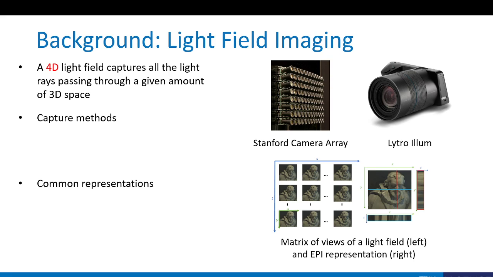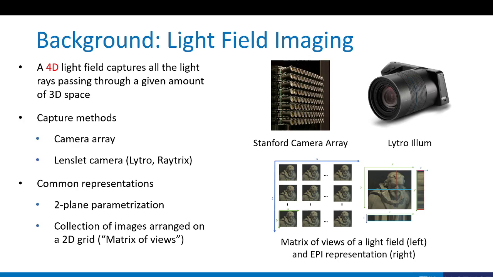The light field can be captured by specialized imaging systems, such as a camera array or lenticular camera, which is shown as a figure in the upper right corner. Then, the output light field data can be represented as a collection of images arranged on a 2D matrix with a slight horizontal and vertical perspective shift, which is shown as figures in the lower right corner.